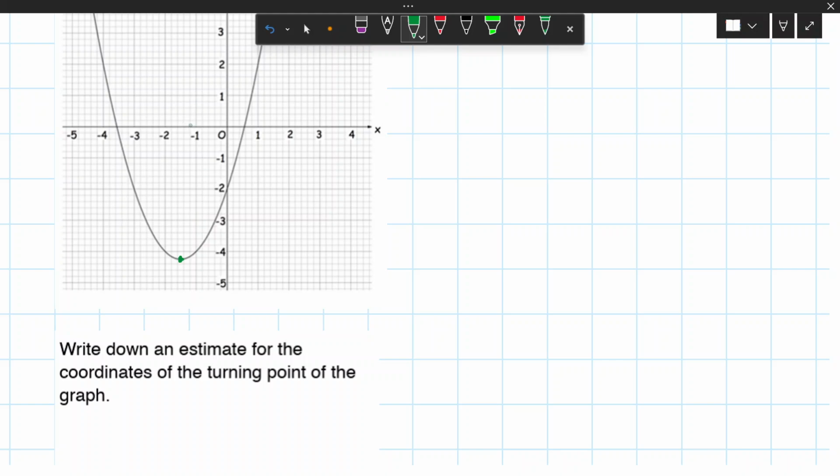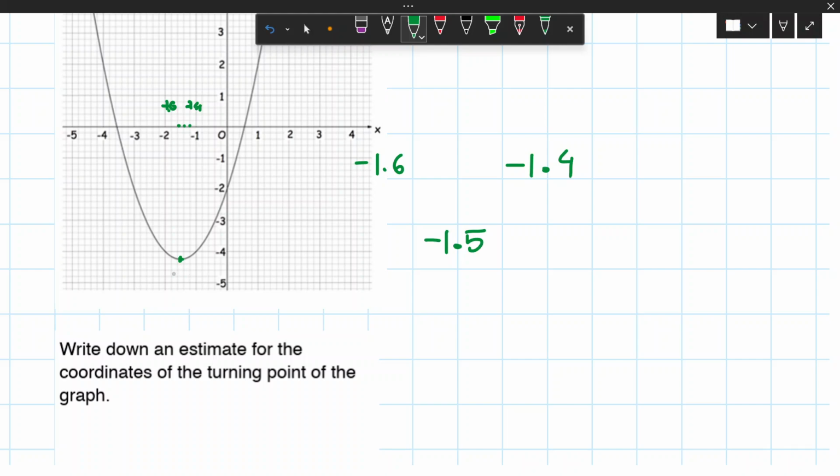So 1 point, because we're going up in 2 lines, this would be 1 point minus 1.2, minus 1.4, and I think it's exactly in the middle of minus 1.4 and minus 1.6. So I'm going to take the x coordinate to be minus 1.5 because it's exactly, feels like in the middle of minus 1.4, minus 1.6, so I'm going to take that.